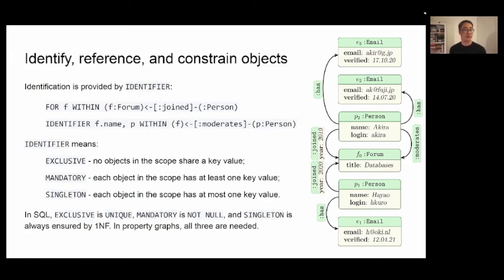This is what we mean by name and the ID of the person node being an identifier for such fora. Thinking in terms of what we're familiar with in SQL, exclusive corresponds to unique, mandatory corresponds to not null, and singleton is always ensured by first normal form. In property graphs, all three of these features are needed.